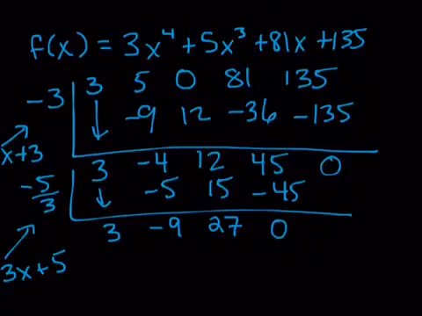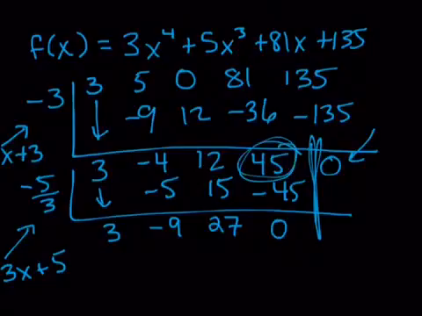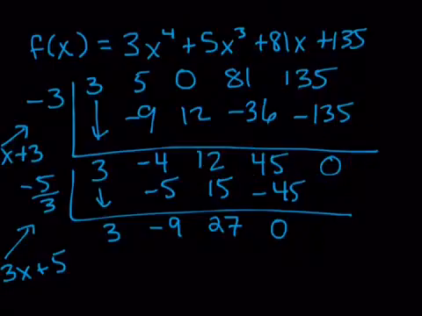Now when you move on to this next step, I'm not looking at this 0 since that was a remainder, so I don't need to do anything with that. I'm going to stop this process at the end of the polynomial at the constant value 45 without going on to the remainder. So that divided evenly.